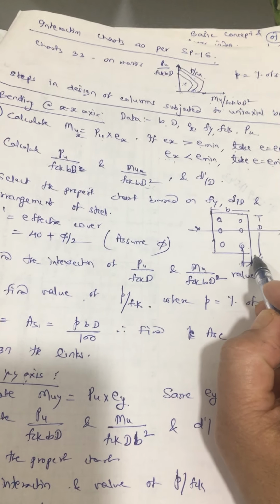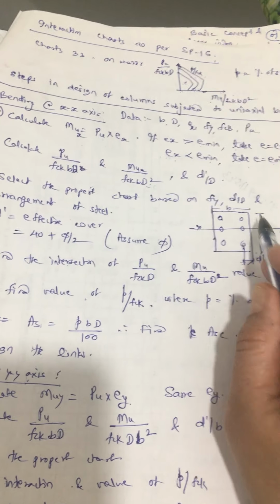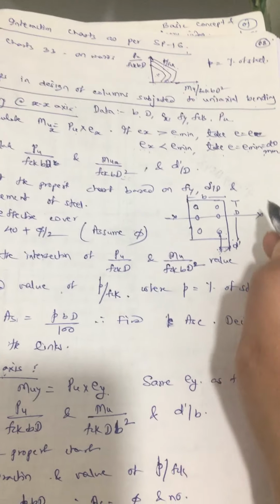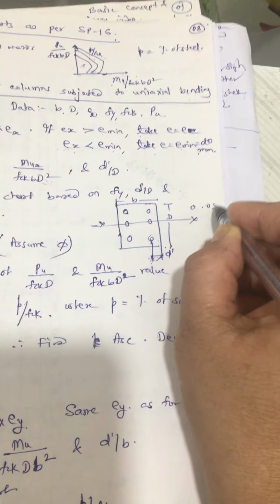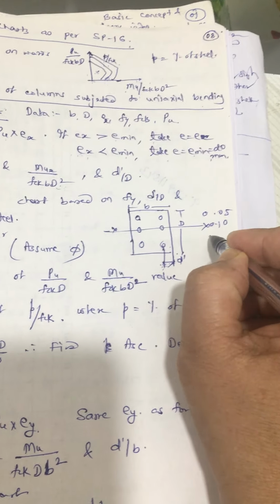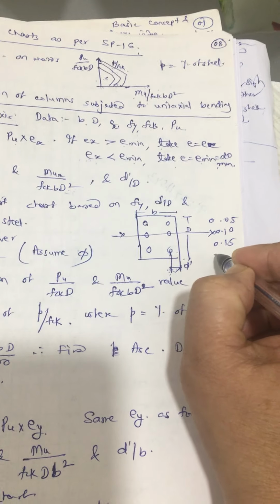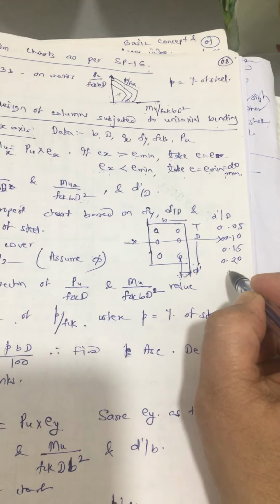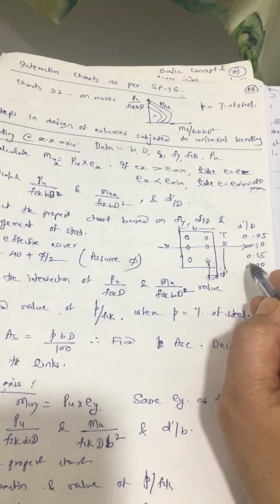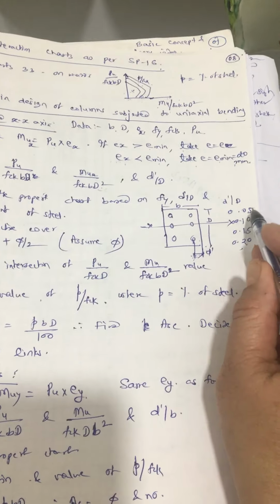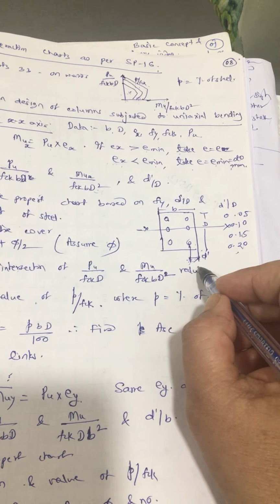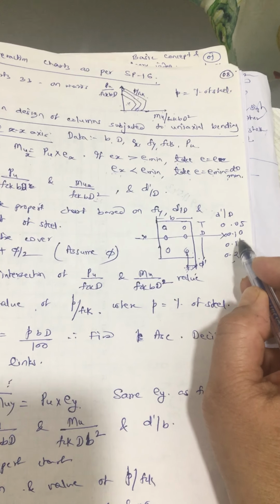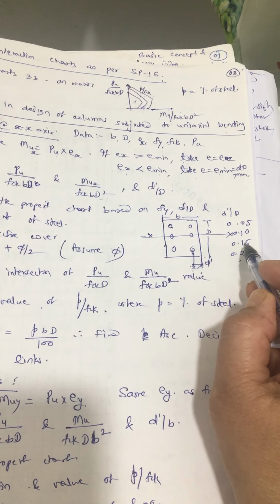So separate interaction charts are available for 4 values of d dash upon D: d dash upon D equal to 0.05, 0.1, 0.15, and 0.2. So 4 charts are available, and based on this you have to select the proper chart for your d dash upon D value. It is quite likely that the d dash upon D value may be somewhere in between these two.